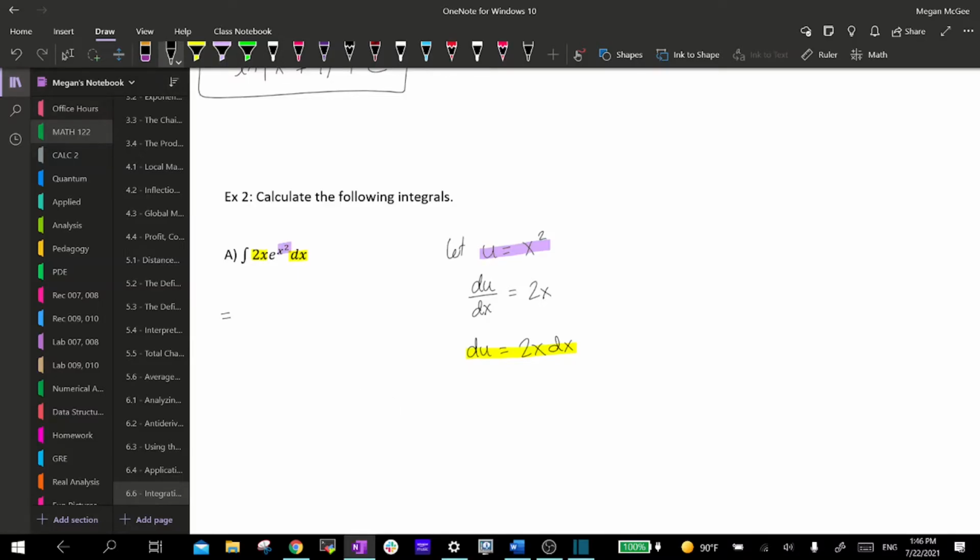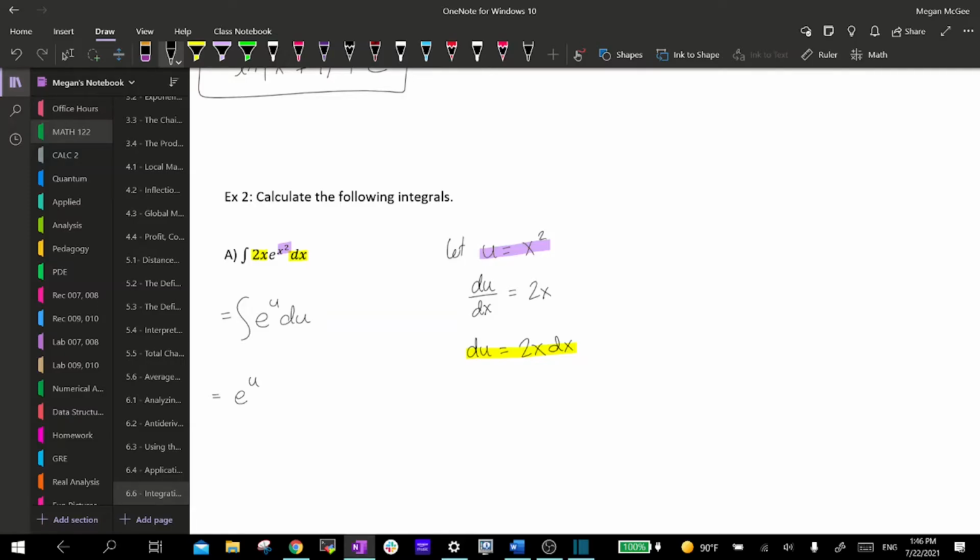So all we end up with is the integral of e to the u with respect to u. Again, making sure our variables always match up. We should never have x's and u's mixed together in an integral. So our integral of e to the u is just e to the u, right?